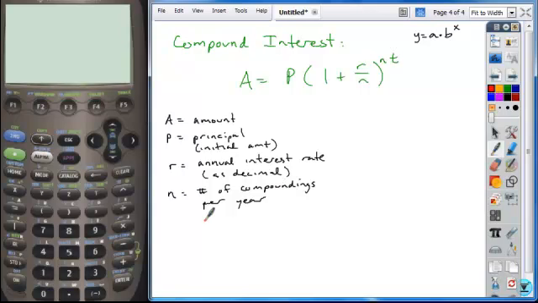If your interest is compounded annually, then N equals what? Annually means year, so it's just once per year. What if it's quarterly? 4, right? Every 3 months. What if it's monthly?